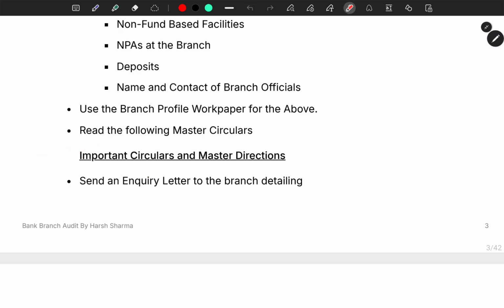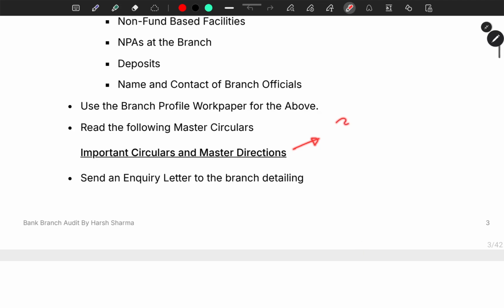There are certain 20-30 circulars that you need to know, which are often referred to, but to my knowledge, what I can recall as of now, the first and foremost what you should read is the IRAC norms.